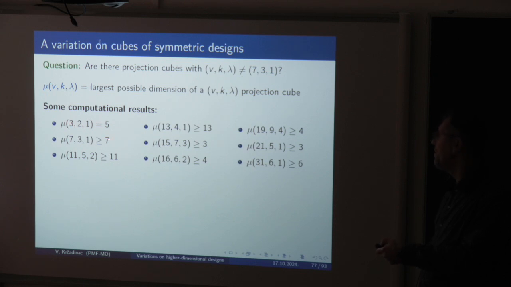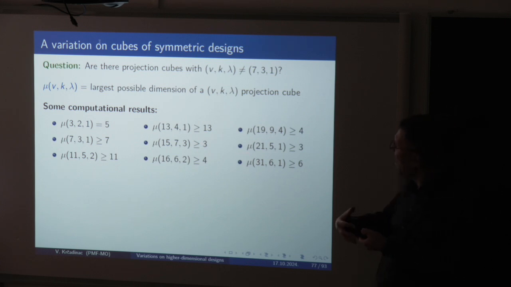For the other ones, I just have examples. I already showed you that I can do this for Fano cubes up until dimension 7. For this, I can do it to 11. Well, it seems like it's always V, but I don't know here. Perhaps here the search was not so exhaustive, so it could be higher, but this is how big the examples I do have are.